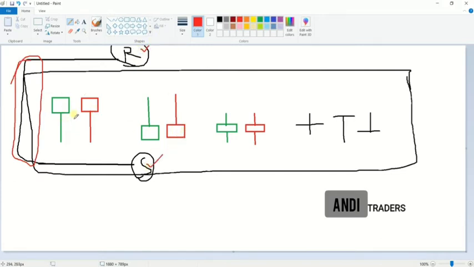If this candle is in the middle of the trend, this candle will continue the market. So in the middle of the trend, these 9 candles are a continuation sign, and at the SNR level, these 9 candles are a reversal sign. So you just need to know this. In the middle of the trend, these candles are a continuation sign, and at the SNR level, these candles will reverse the market. So let me show you some examples to understand this point completely.